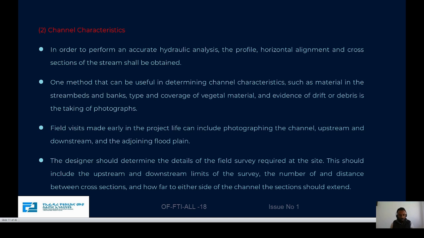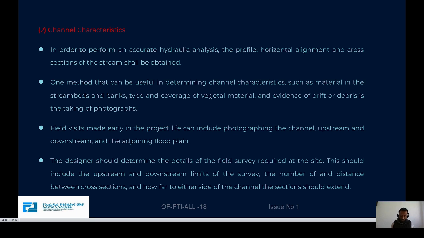The methods that can be useful in determining the channel characteristics are also related to the material of the stream beds, the banks, and the type and covering of the vegetation, which is also very important. This will be done by field visit.